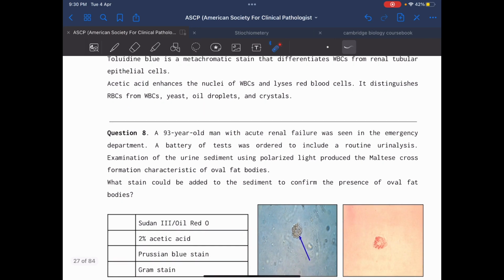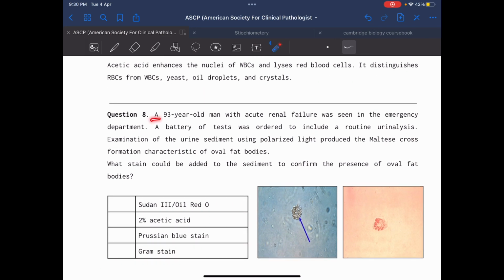Question number 8. A 93-year-old man with acute renal failure was seen in the emergency department. A battery of tests was ordered to include a routine urine analysis.